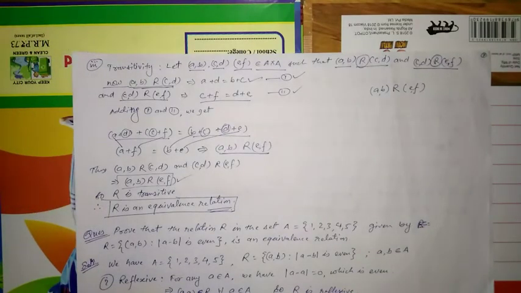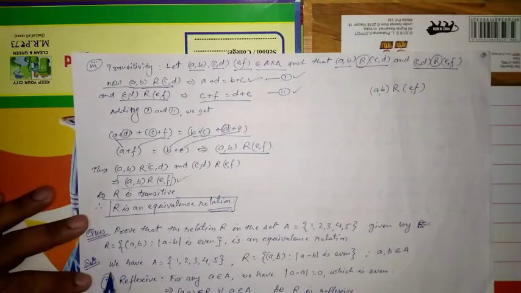Next question, we need to prove that the relation R in the set A, that is 1, 2, 3, 4, 5, given by AB such that mod of A minus B is even, is an equivalence relation.